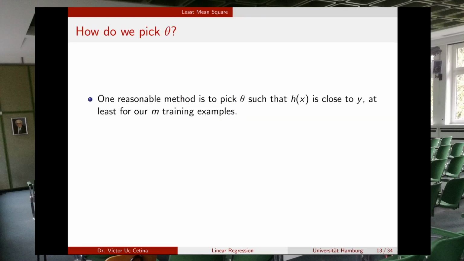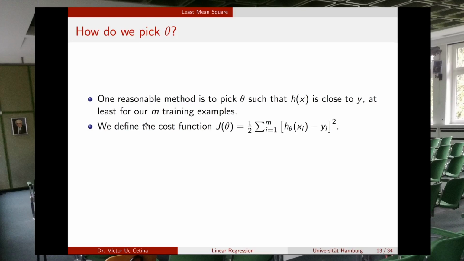Okay, so the idea is that we need to find what are the best parameters theta that will make our hypothesis, our polynomial in this case, pass very close to our points. One reasonable method to pick theta in such a way that our h is close to y, at least for our m training examples, will be using stochastic or gradient descent in general.